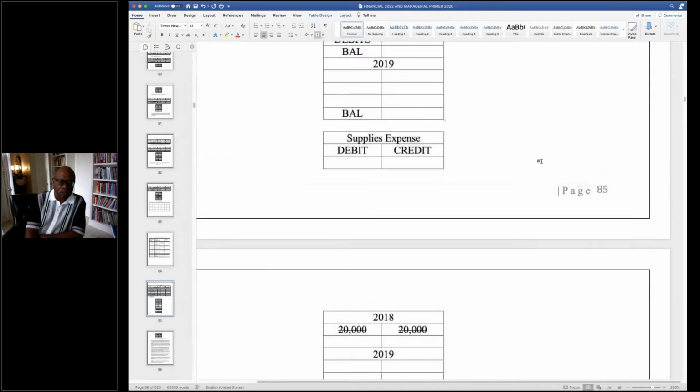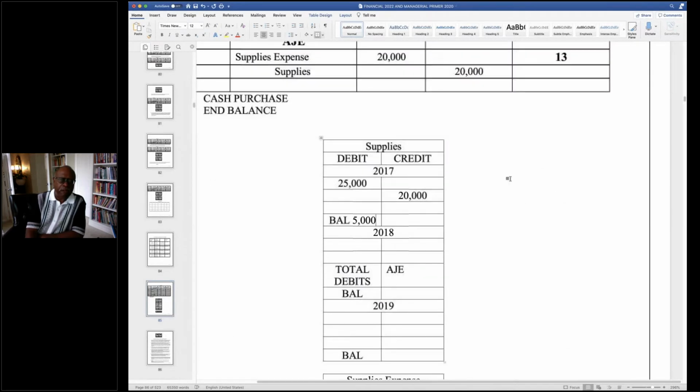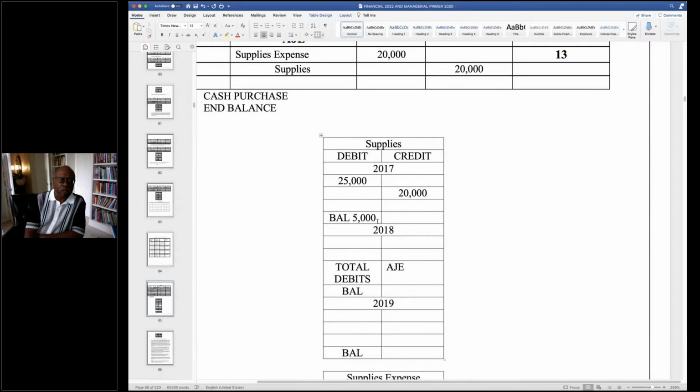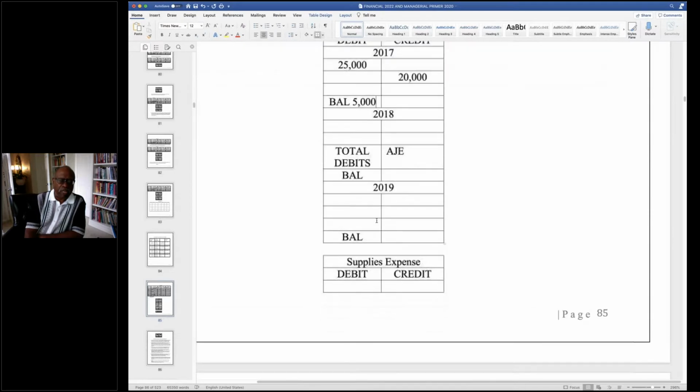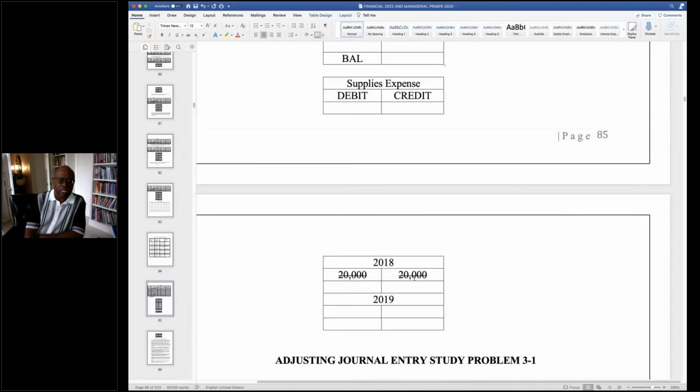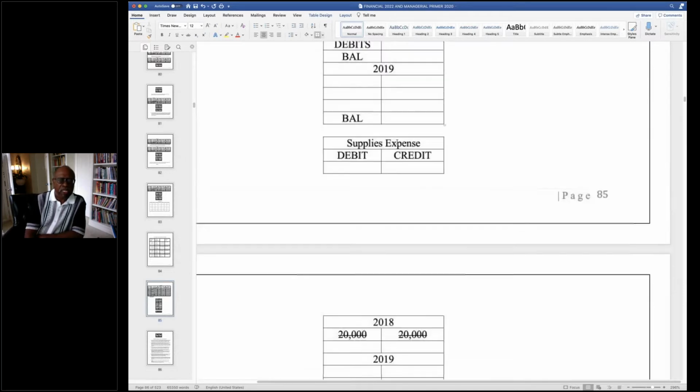What should be happening now is, when we finish 2017, the supplies account has 5,000 going into 2018, and the supplies expense has nothing going into 2018.